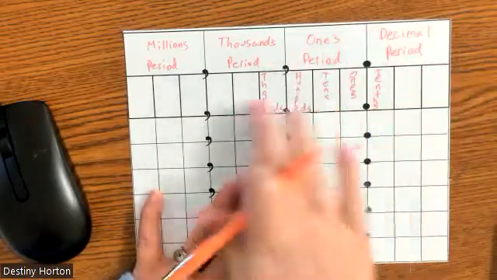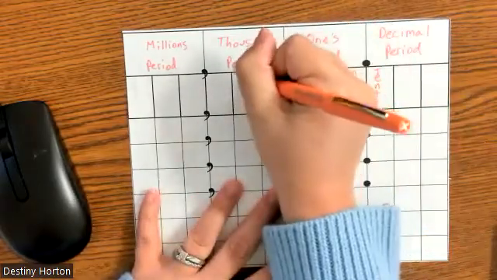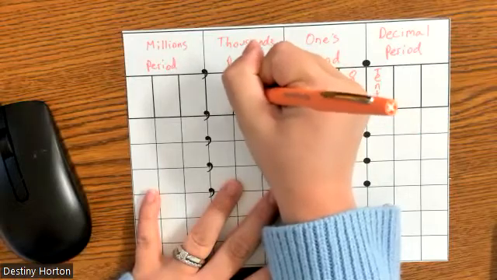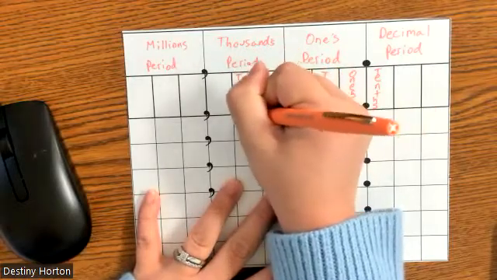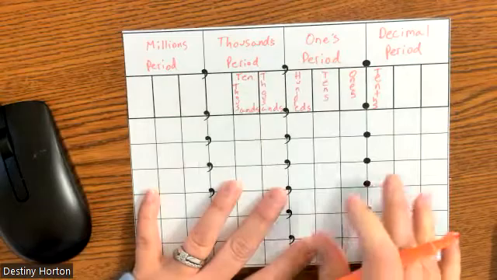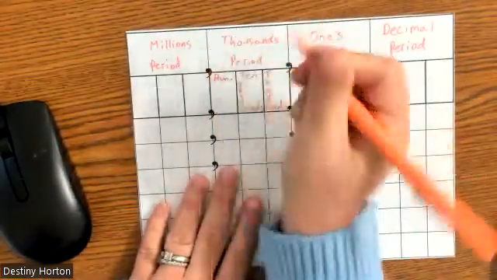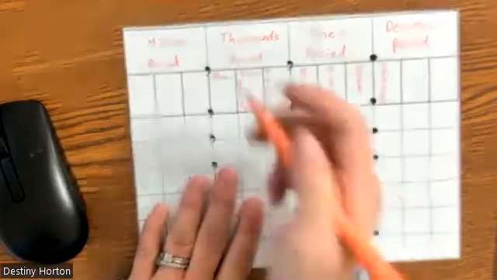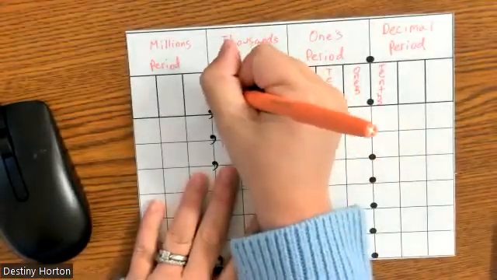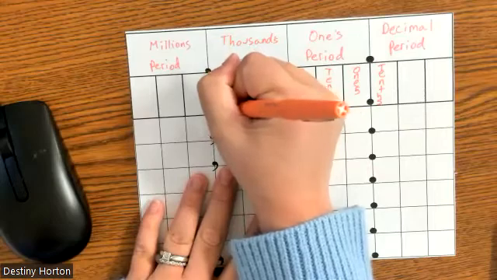Then we have the 10,000s. Now we're starting to see a pattern. Then we have the 100,000s. And I'm just doing HUN for the abbreviation for 100, so I can make sure to have enough room.